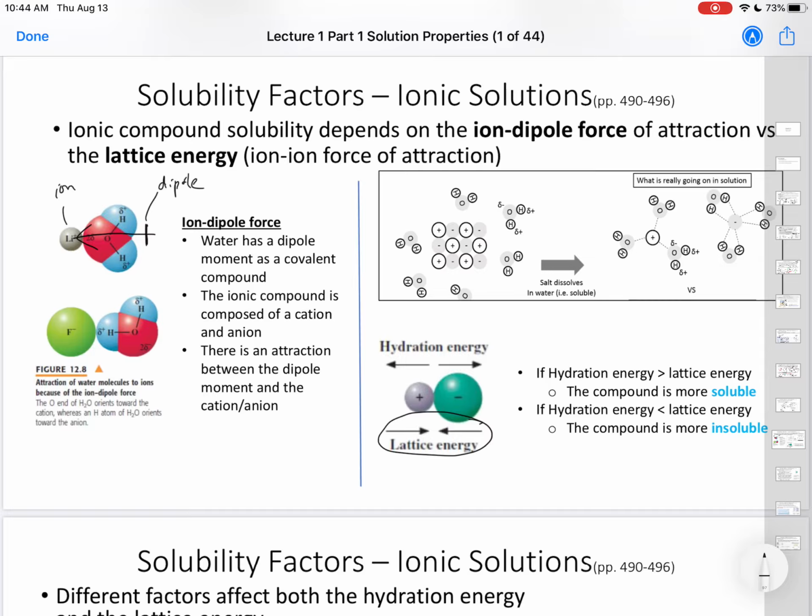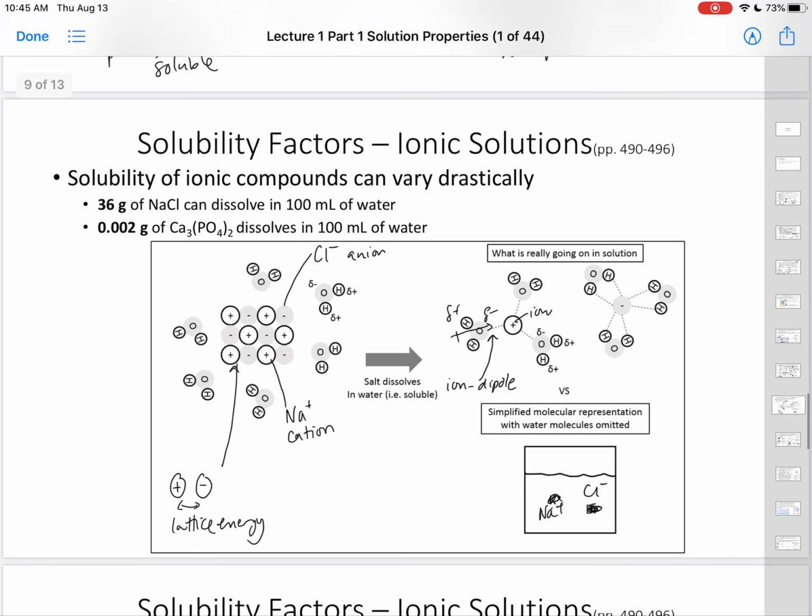If the ion dipole interaction is greater, it is called the hydration energy. And if the hydration energy is greater than the lattice energy, it's going to make the solid soluble. If it is smaller, then it is insoluble. That is the reason why certain salts like NaCl, 36 grams can dissolve in 100 mL of water. Why? Because the hydration energy is greater than the lattice energy.